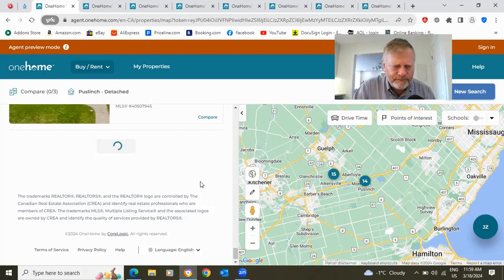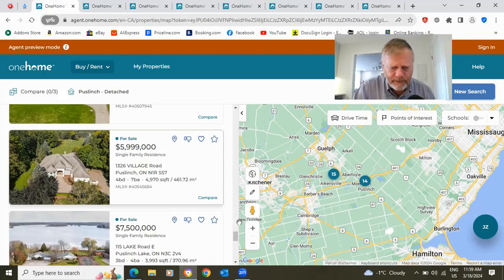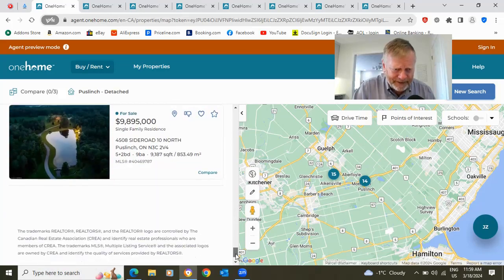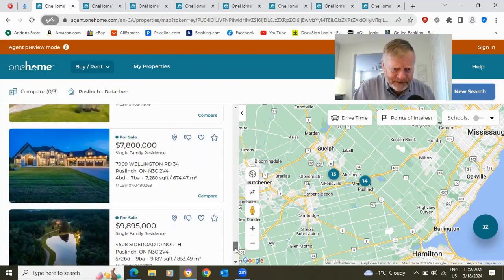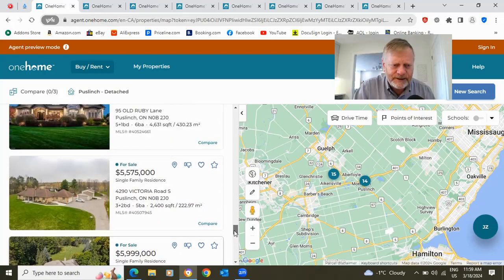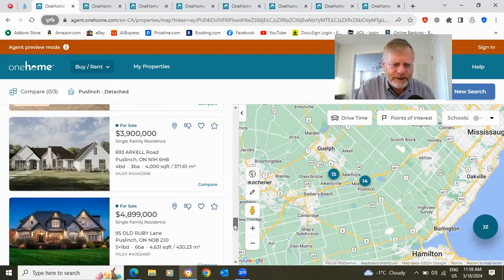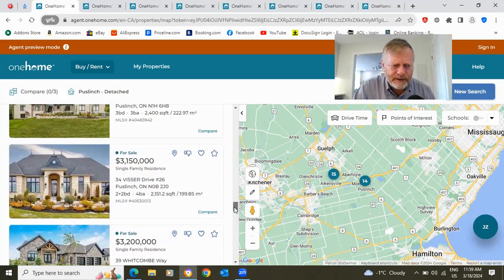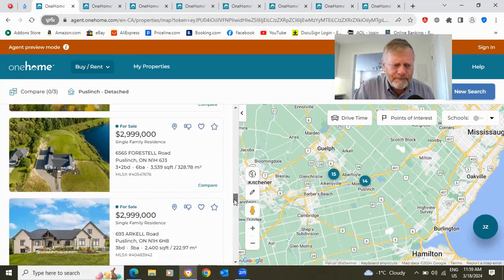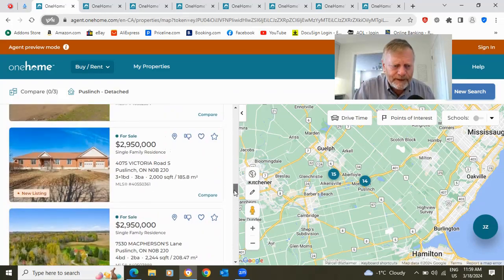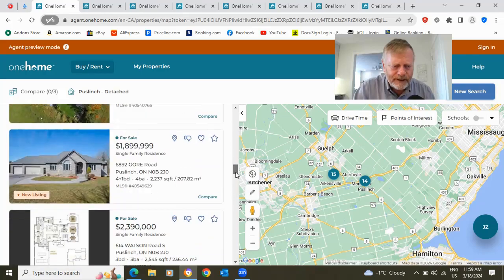we'll have to load some more here. Up to 9,895,000. So now if you go through this a little bit slower, you can see that there's quite a few higher priced homes in Puslinch. Bigger homes really on acreages, more kind of rural out in the country.